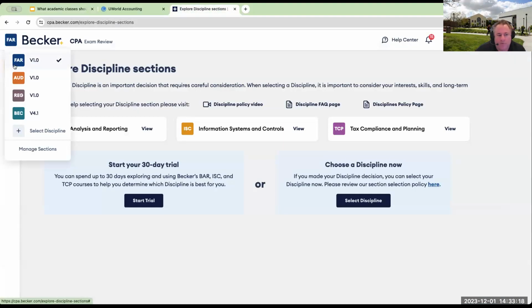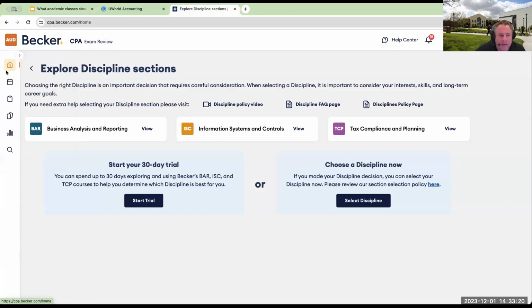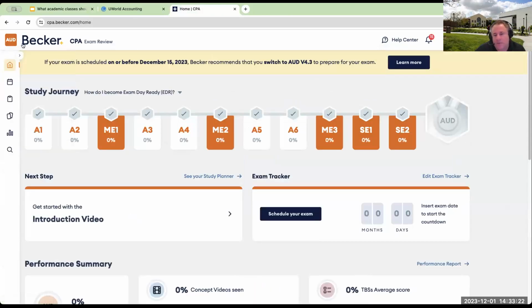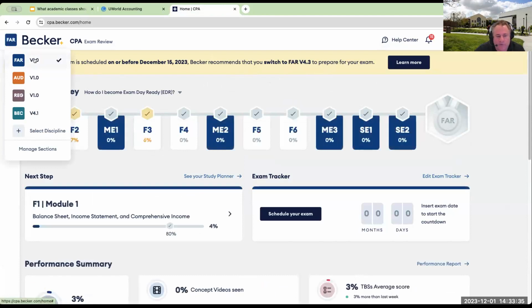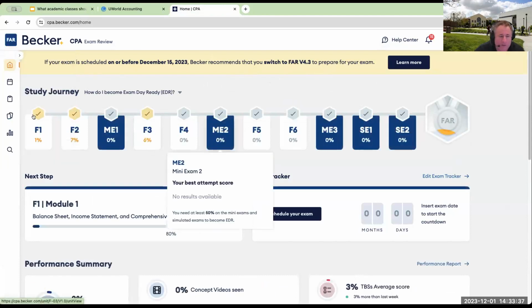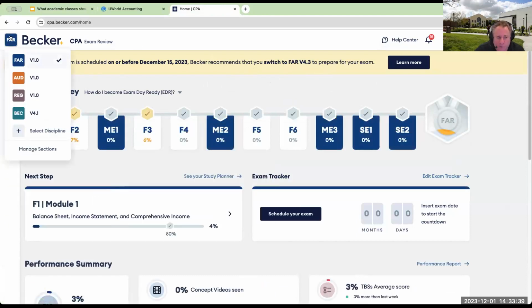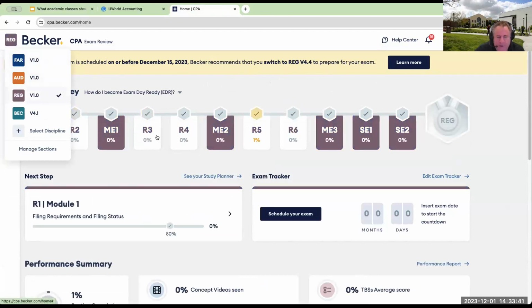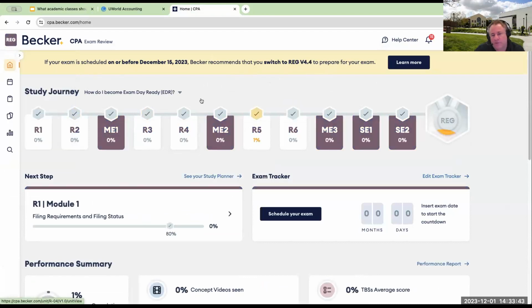If I look at the CPA exam here, this is the auditing section of the exam. There's FAR, the new FAR, which is financial accounting and reporting. There is regulation, which is essentially taxation.